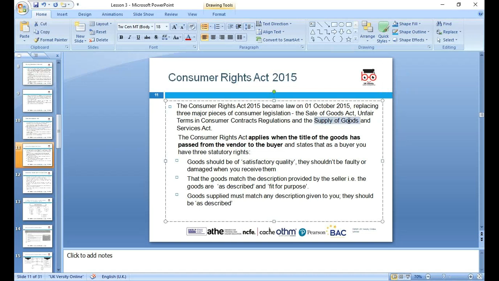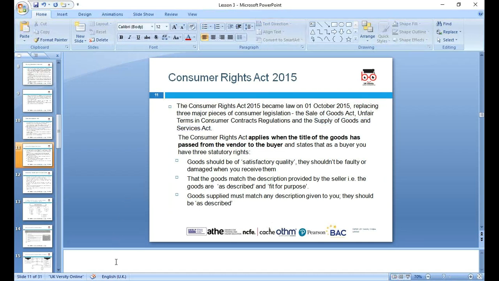Then the Consumer Act. In the past there was the Sale of Goods Act from 1979 and the Supply of Services Act from 1984. All these acts have been changed and replaced by the Consumer Rights Act 2015.